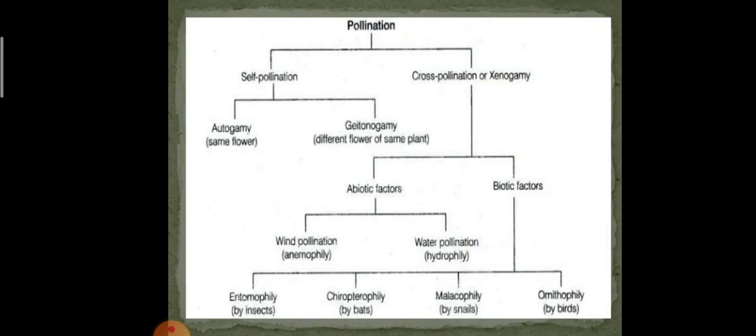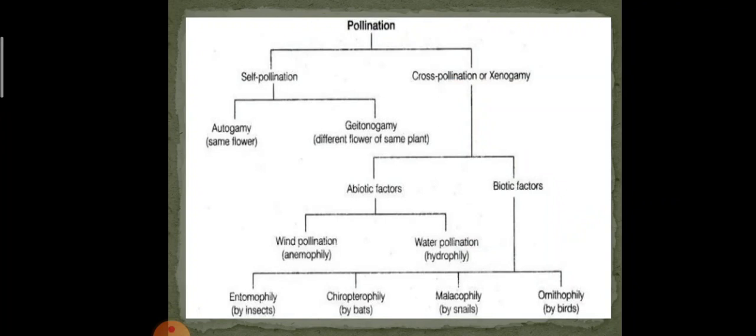Here is a tree diagrammatic representation of pollination which indicates two major types of pollination. The first type is known as self-pollination and the second type is cross-pollination. Self-pollination is again divided into two types, autogamy and geitonogamy, and cross-pollination is divided into two types, xenogamy and hybridization.